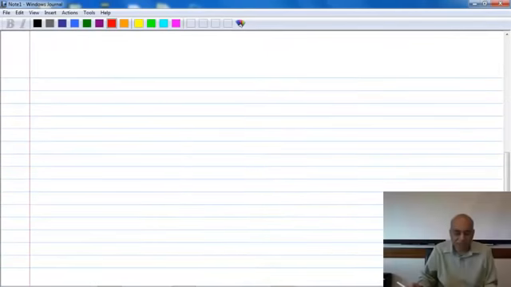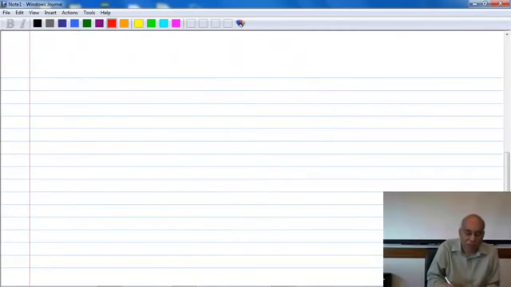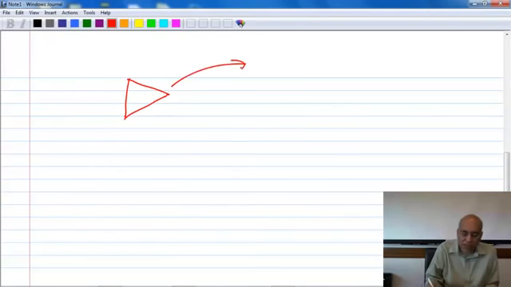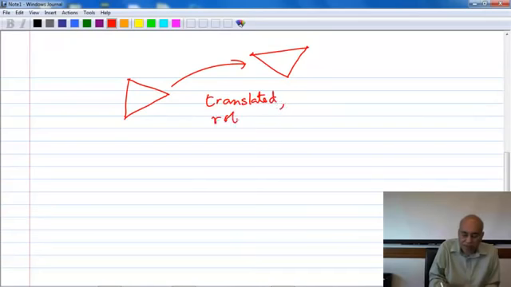So let me illustrate this with an example from high school geometry. So suppose I have a triangle and then I can move it. So I can move it to some new place and I can rotate it at the same time. So what's happened is that I have translated it and I have rotated it. But it's the same triangle.